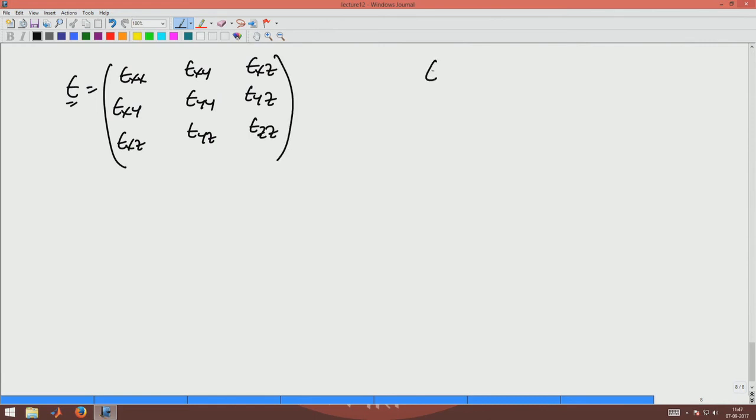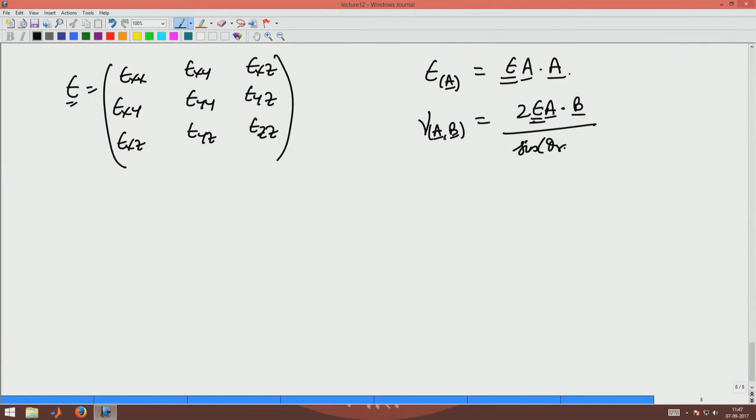You found that epsilon of A, that is change in length by original length along a direction A, is given by A dot epsilon A, and that gamma between A and B is given by 2 times A dot epsilon B divided by sine of the angle between A and B.